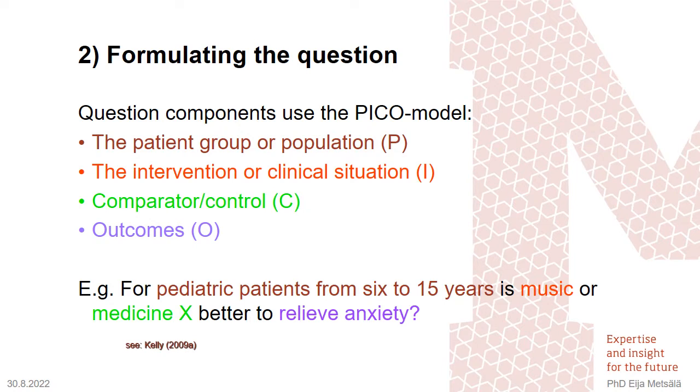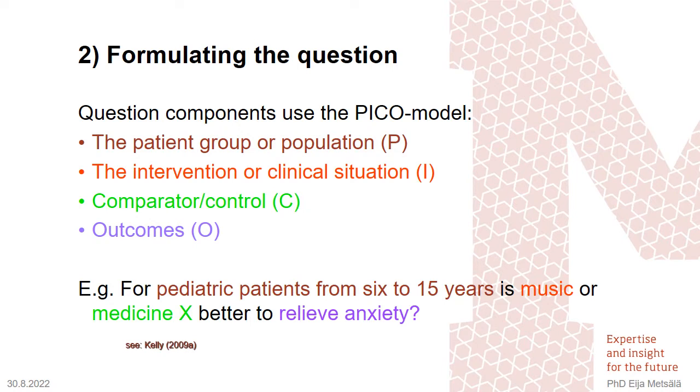And the benefit of formulating the search question with some kind of acronym-based system is that out of these letters, acronym parts, we can then later on find the first search terms for our systematic search.